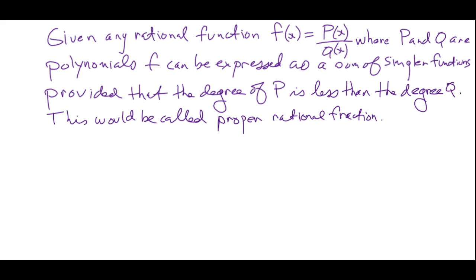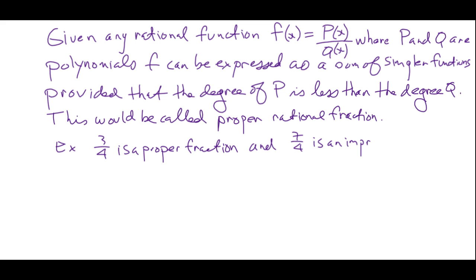So let's digress and head back to junior high or elementary school. 3/4 is what we would call a proper fraction, right? And 7/4 is what we would have called an improper fraction. So we would need to change the improper fraction into a proper fraction.